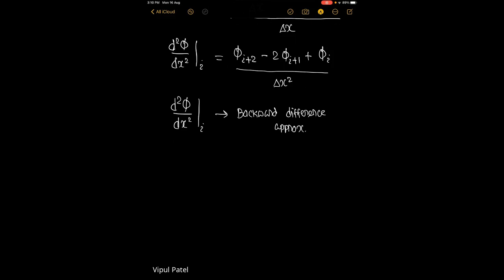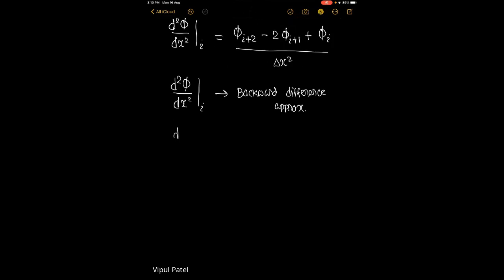Right? So how will you do that? Again, you will follow the same philosophy: just define this particular term as d by dx into d phi by dx. Okay, and then express this d phi by dx as some function f. So you have df by dx at any node I, right? But here we are interested in backward difference approximation, right?